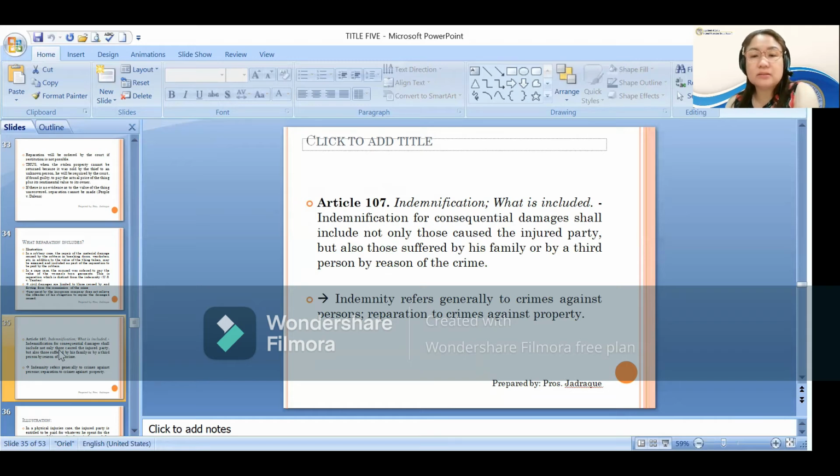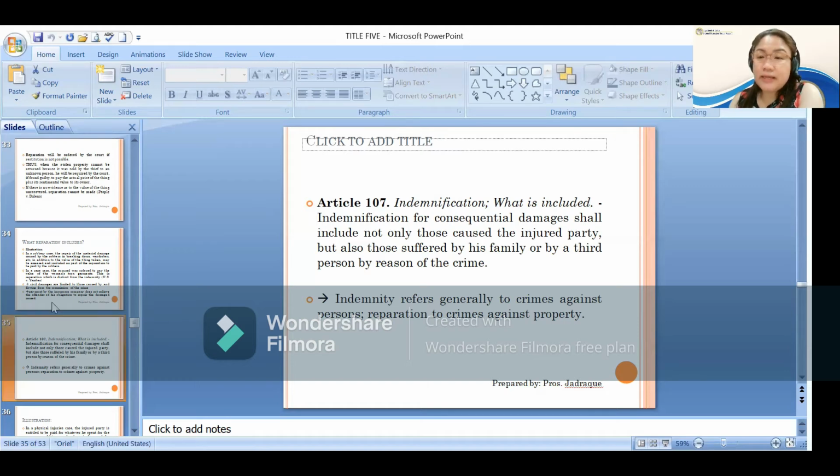What includes indemnification? Now take note that what is to be indemnified by the offender are the consequential damages suffered by the offended party.